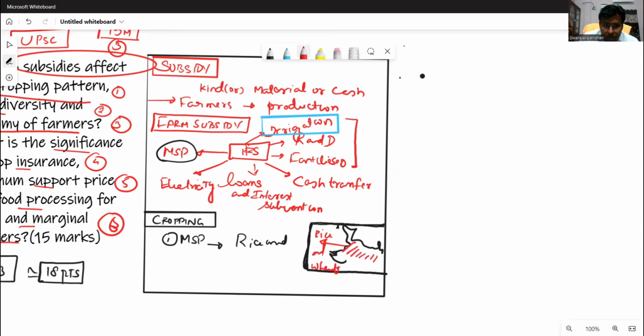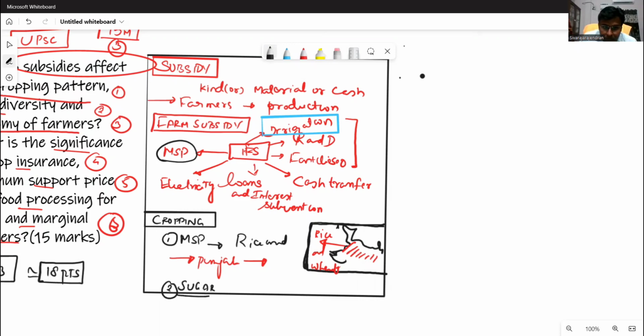The cropping pattern in Punjab and Haryana has been skewed and modified because of the MSP subsidy.